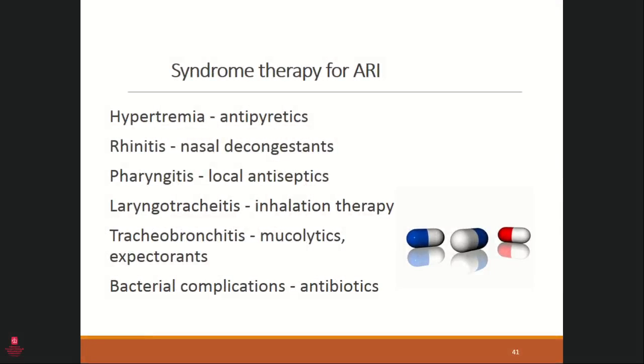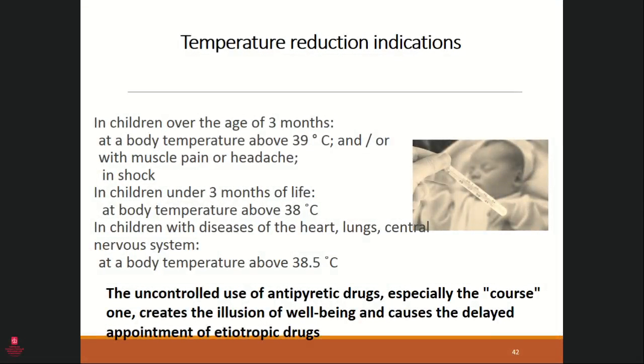From syndromic therapy, we will dwell a little on the rules for the use of antipyretic drugs in children and inhalation therapy. Antipyretic drugs in children are assigned at a temperature above 38.5, and if the child has a history of febrile seizures, already at 37.5.